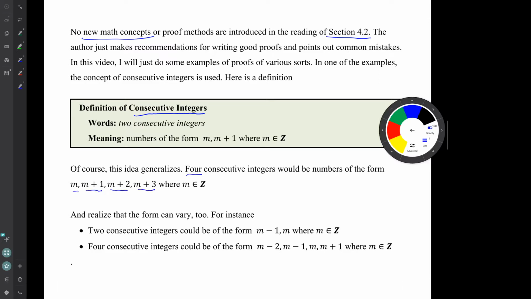So that's fairly straightforward. But this form can vary. So for instance, 2 consecutive integers could be of the form m minus 1 and m instead of m and m plus 1. And 4 consecutive integers could be of this form, m minus 2, m minus 1, m and m plus 1, where m is some integer.